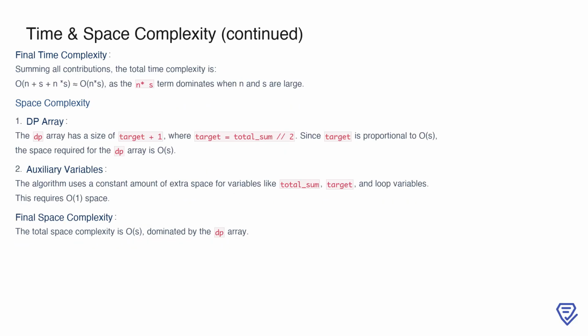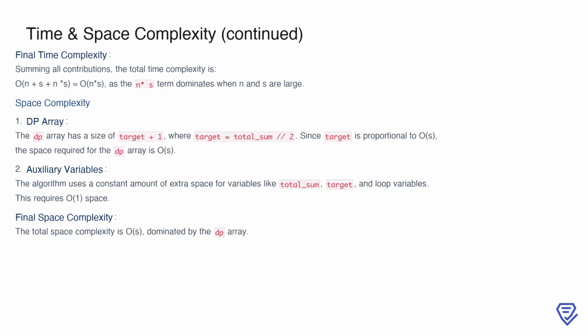Adding up all contributions, the total time complexity is O(n + s + n*s). However, in practice, the n*s term dominates when both n and s are large, so the effective time complexity is O(n*s).